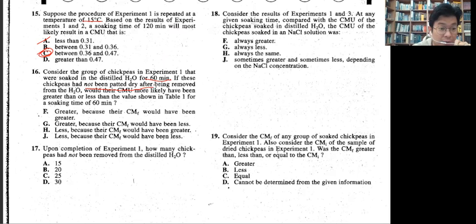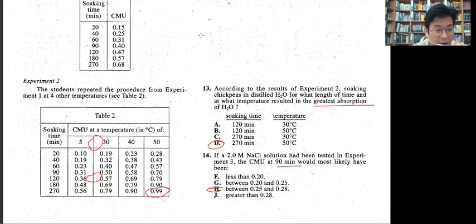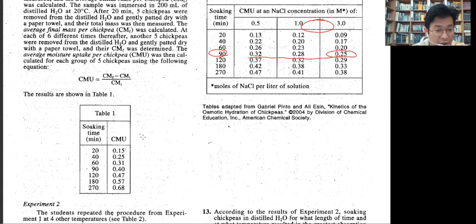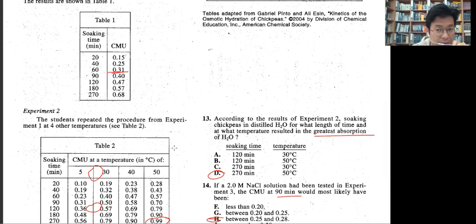Would their CMU more likely have been greater than or less than the value in table 1 for soaking time 60? Okay. Soaking time 60 is 0.31.